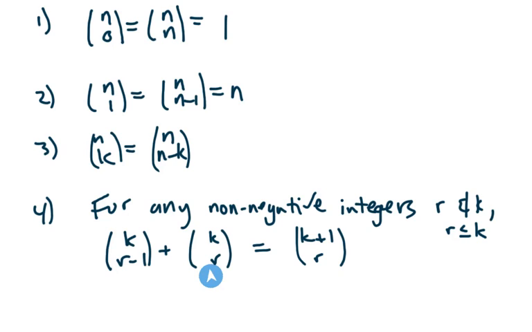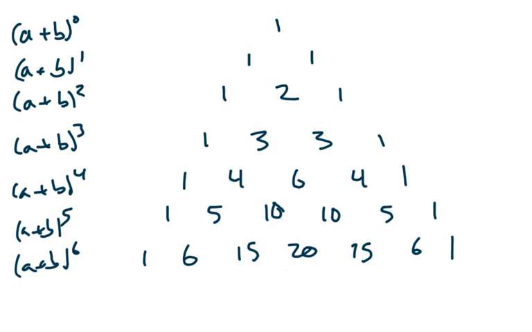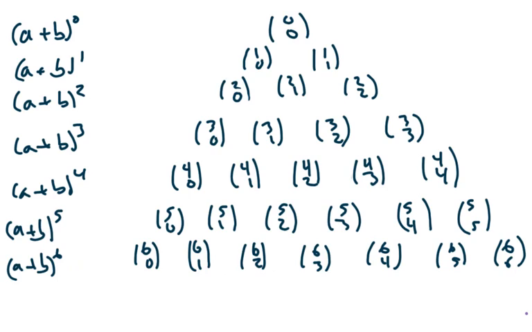Anytime you put somebody on the bottom, it's got to be smaller than the one on the top, or at best the same size. So Pascal's triangle said that I take this one and add them together to get this one, right? What is this in terms of binomial coefficients? Well, it's the 5th row, 0th term, 1st term, 5 choose 0, 5 choose 1, 5 choose 1, 5 choose 2.